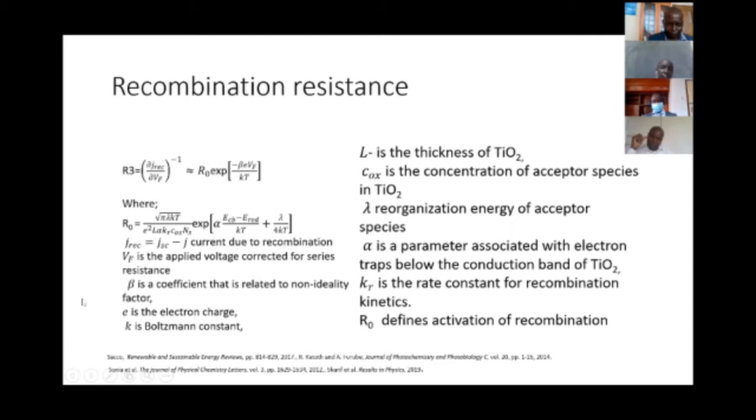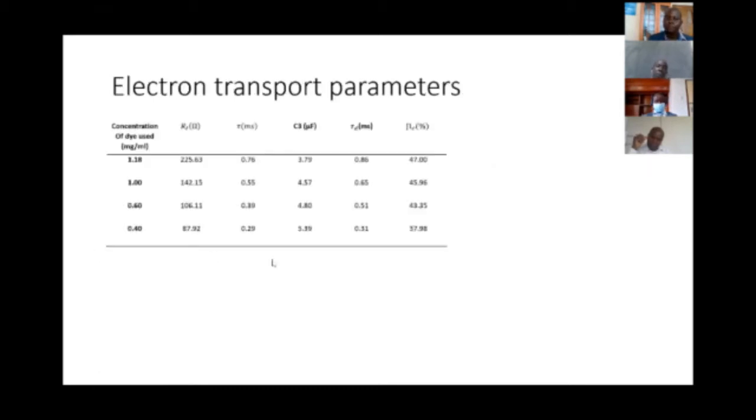The rest are all constant in a solar cell. So we also observed that recombination resistance depends on this term mostly. So when there is a shift in the Fermi level of electrons in the conduction band, there will be changes in recombination resistance. We went ahead and computed electron transport parameters.